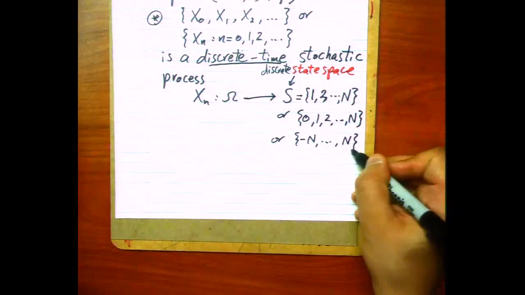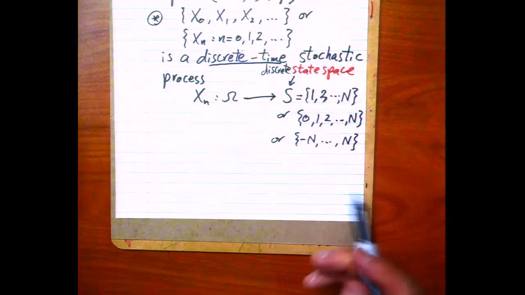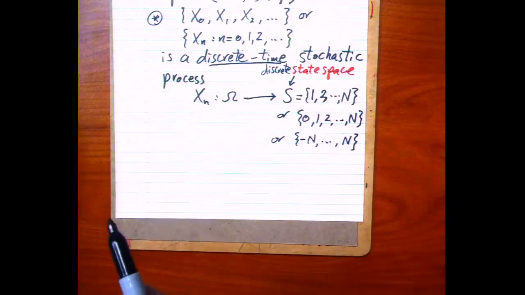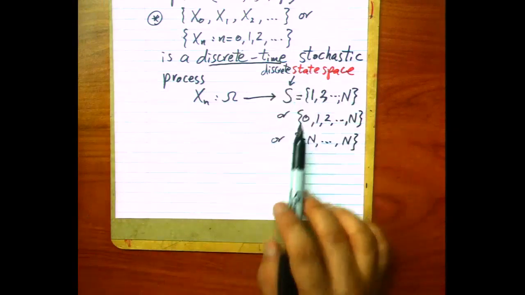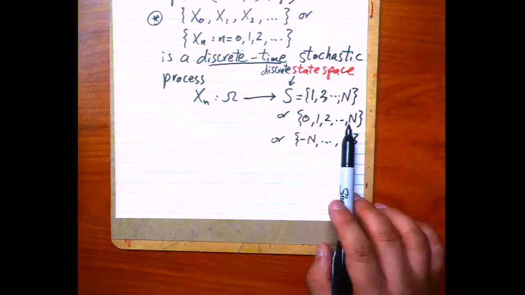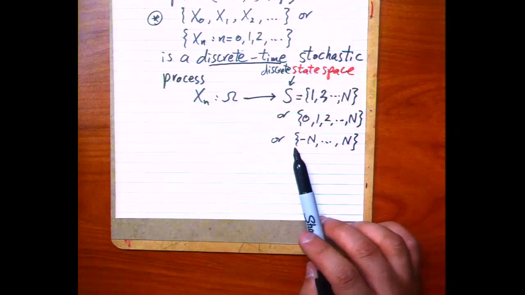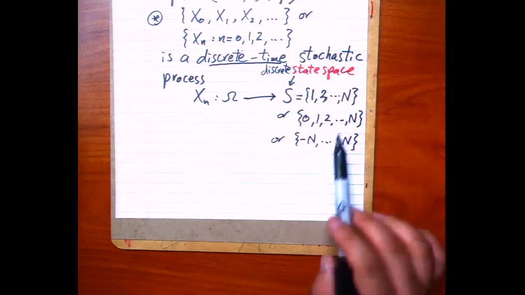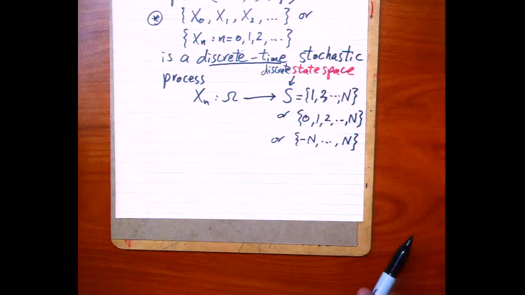But we would always like to think about this one just for brevity and ease of presentation. When we talk about discrete state space, let's talk about this one. But in some of the examples, as you're going to see later, we'll talk about 0 through n. We'll even talk about vertices on a graph. They don't really have to be integer numbers like this. They are just discrete and finite.